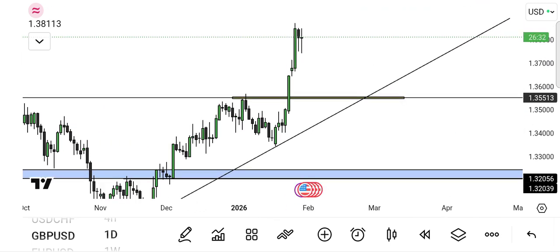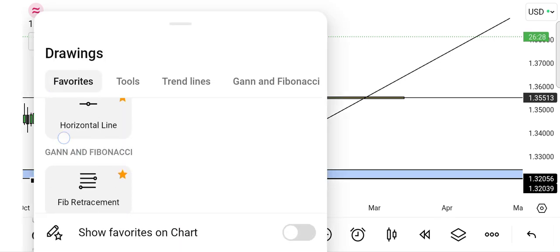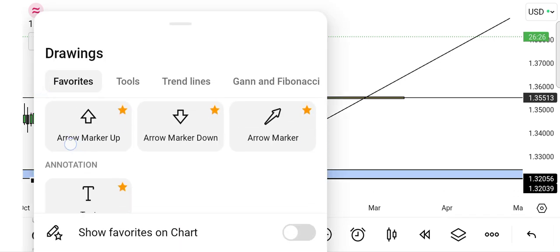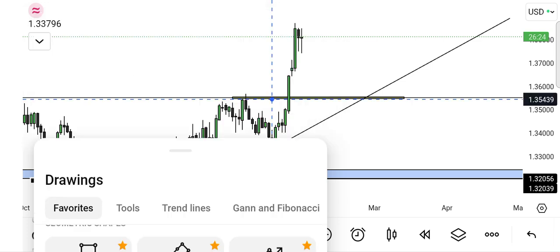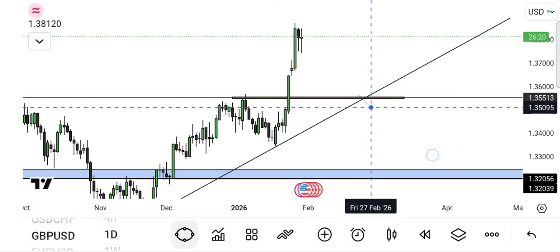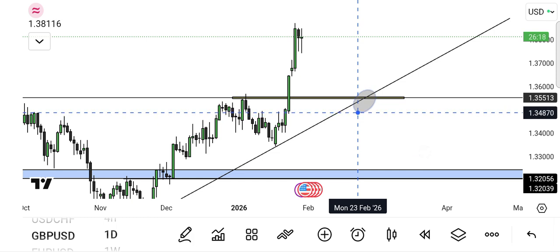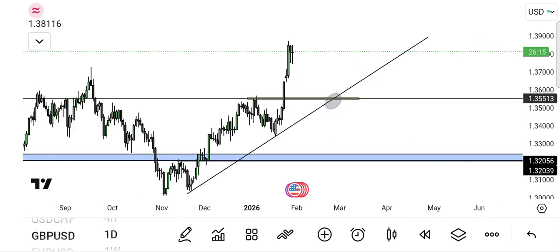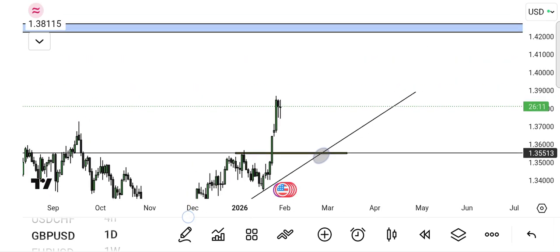You understand? So if market pulls back to this point here, to that intersection point there, I'd like to enter trade at that point, then drag it to this point here.